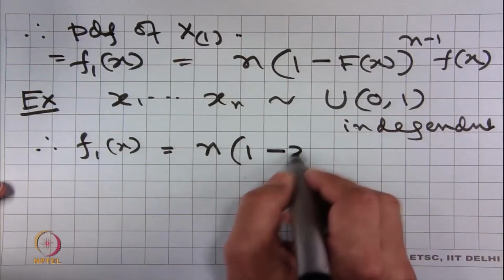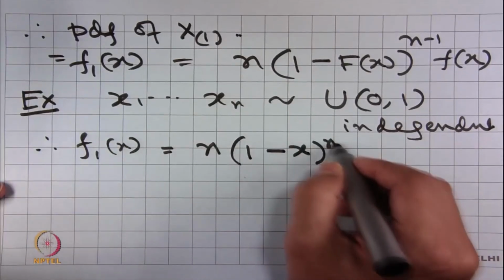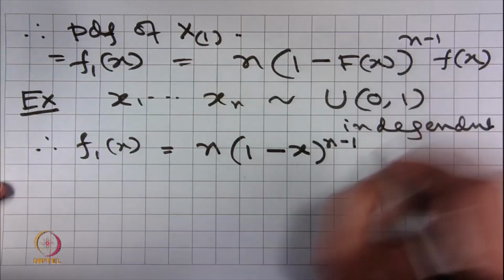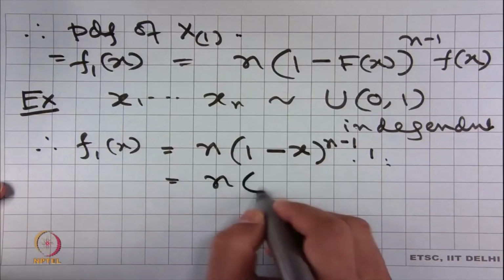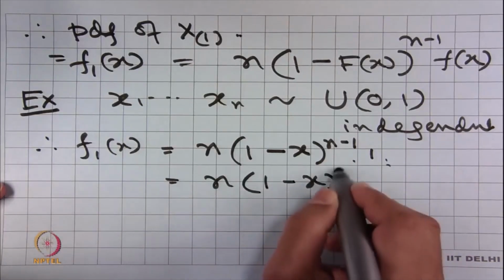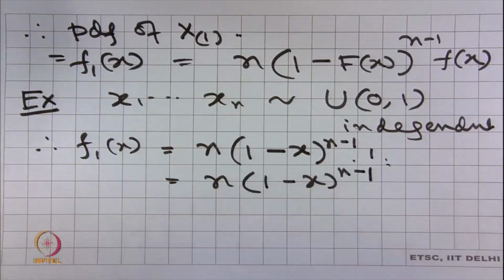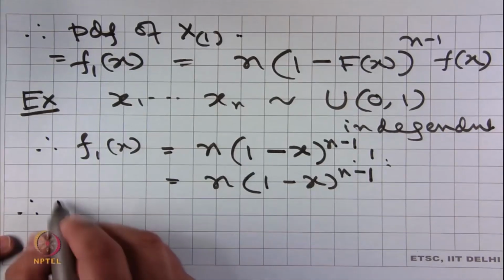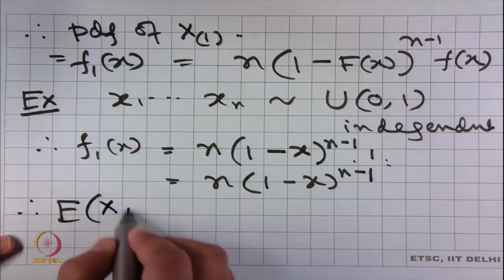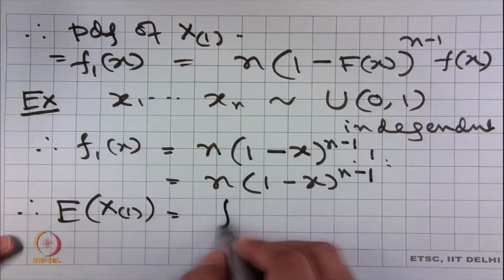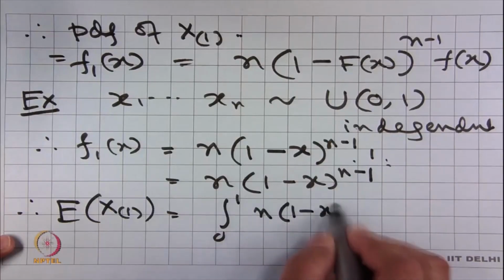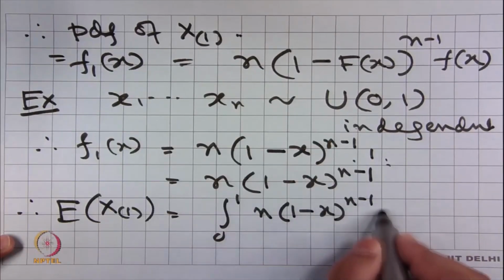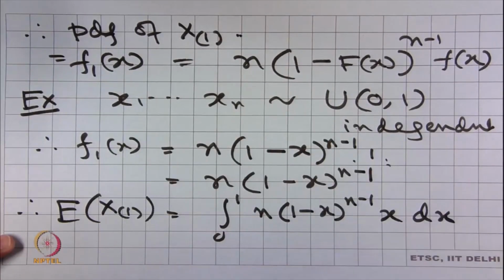It is 1 minus x whole to the power n minus 1 into f x, which is equal to 1. Therefore, this is n into 1 minus x whole to the power n minus 1. Therefore, expected value of x 1 is equal to integration 0 to 1 n into 1 minus x whole to the power n minus 1 into x dx.